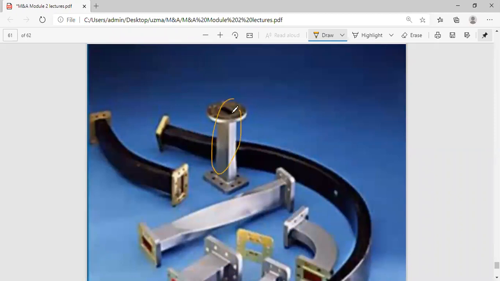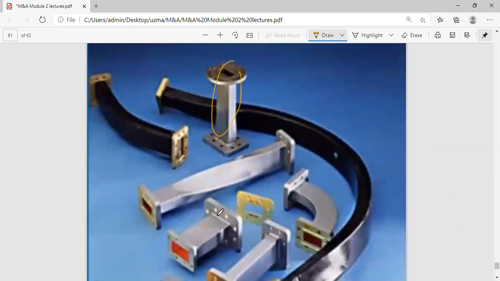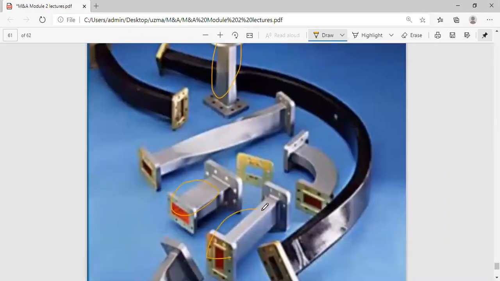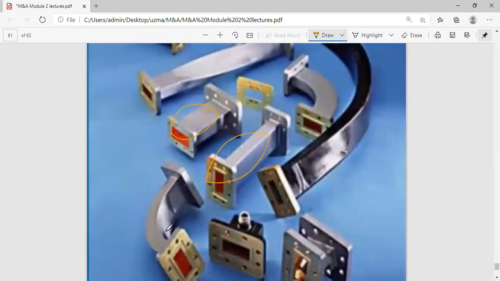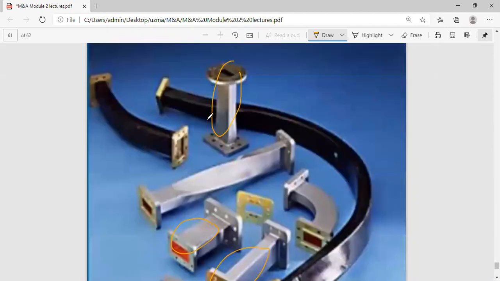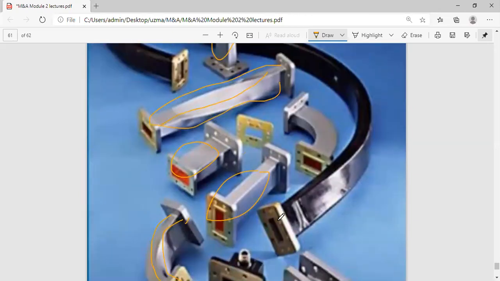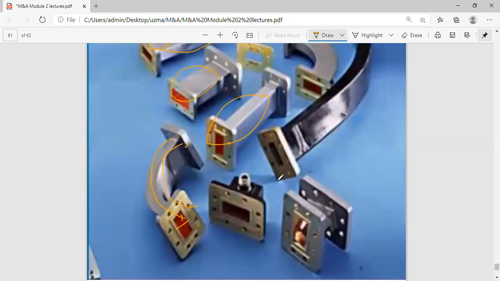This is one more rectangular waveguide. This is also a rectangular waveguide. And what you are seeing here, what is this? This is a joint, to connect. It is a joint. And you can see here there is a twist in this waveguide. This is another type of waveguide, that is a twisted waveguide. So I have taken some different waveguide images.